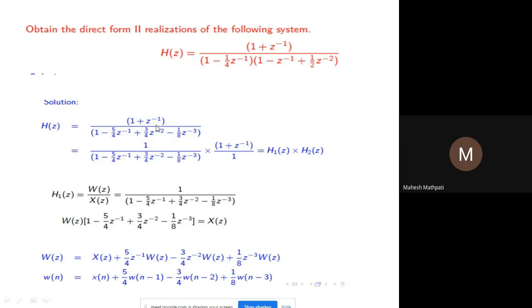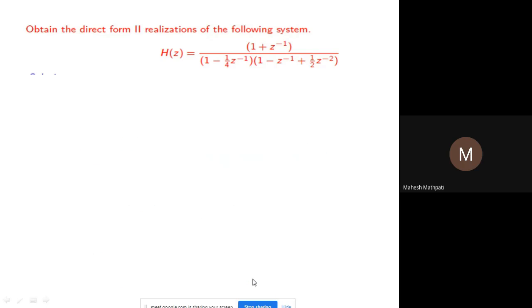Now the answer is 1 plus z inverse divided by 1 minus 5 by 4 z inverse plus 3 by 4 z power minus 2 minus 1 by 8 z power minus 3. Anybody has got this answer? Yes, sir. So go with our procedure now, right? Here he has done it with a difficult method, but you will go with our procedure.